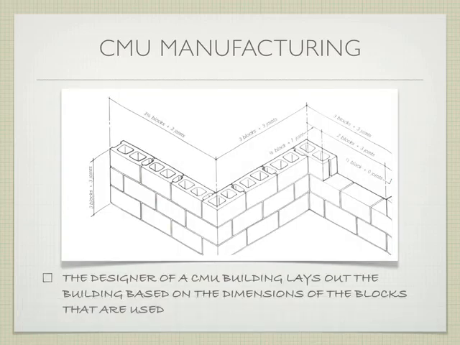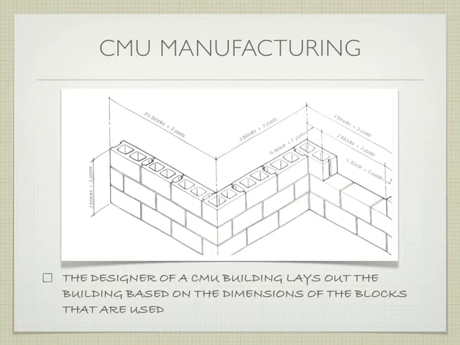So what does this mean for designing the building? If I'm using something based on this 8 by 8 by 16 module, my building better be based on the 8 by 8 by 16 module. If you as the designer or the architect know that you're going to be building in a concrete masonry unit, you can't have an odd-sized room. It doesn't work, because each of these corners has to fall within a certain number of blocks.